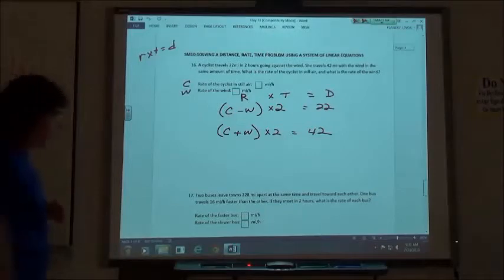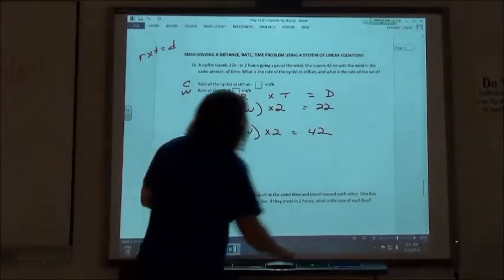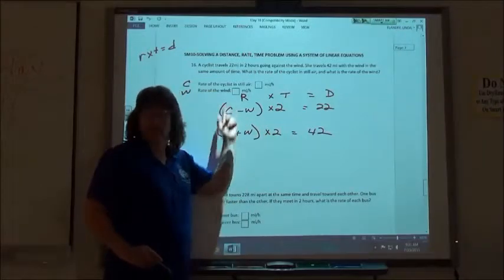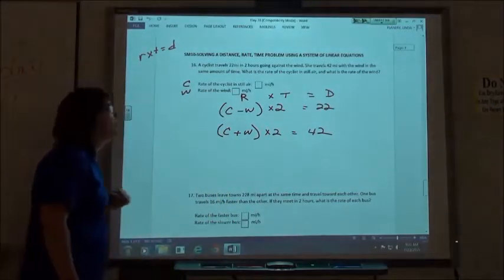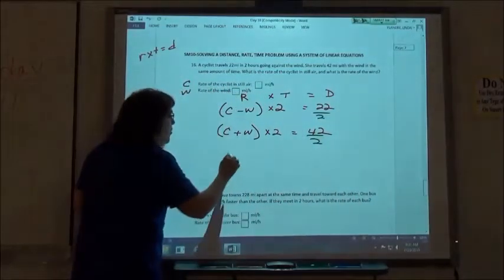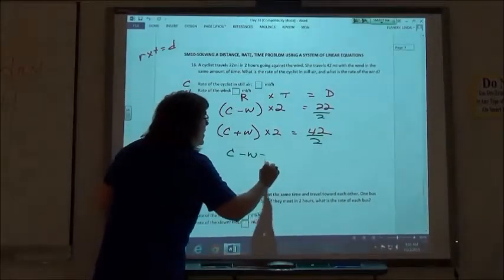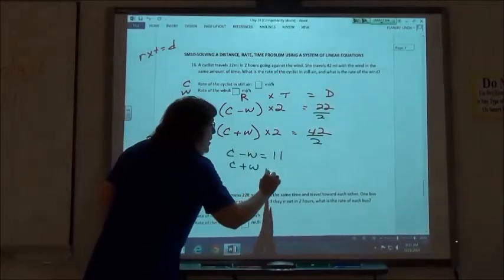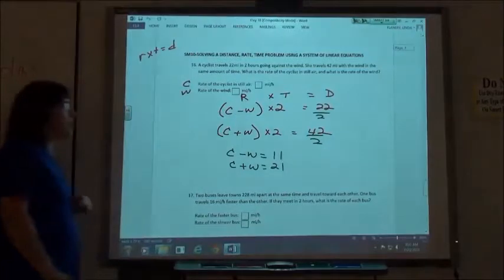What they're going to do with these ones is divide by the time right away so they can get the rates, the variables, by themselves. So I'm going to divide by 2 on both of these. My top equation then, C minus W equals 11. My bottom equation, C plus W equals half of 42, which would be 21.